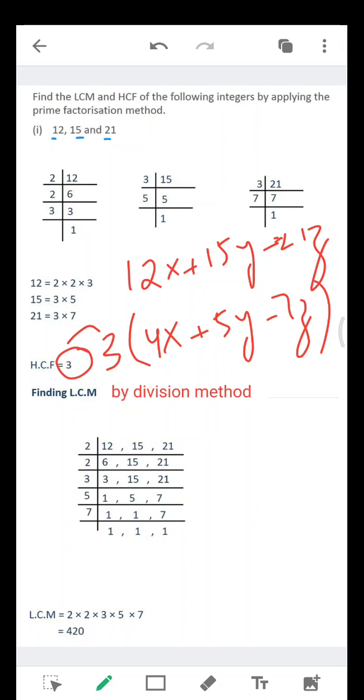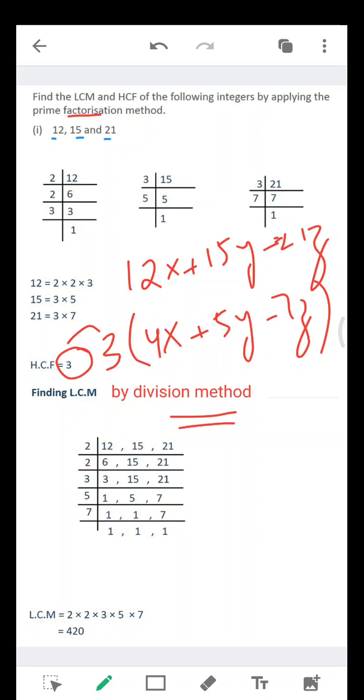Next, finding the LCM. This is a well-known method to you all. You read this in lower classes and you used to find LCM, and you have got this again back in 10th class. So finding the LCM, this is the division method. But our question is to find it by using prime factorization.